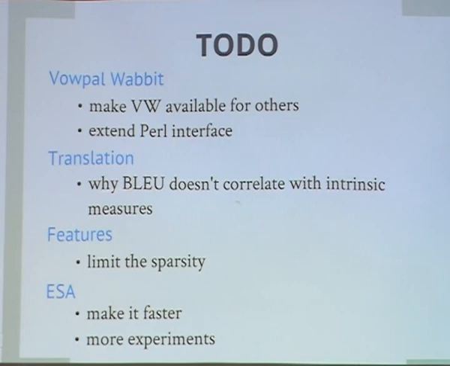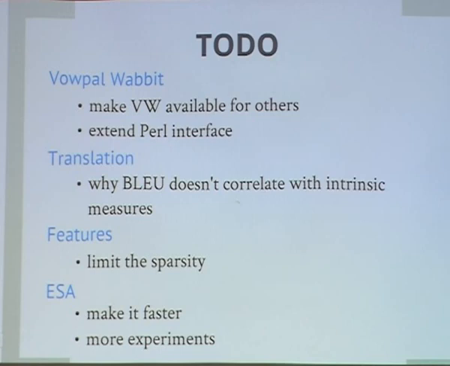Translation, for sure I have to find out why there are those strange BLEU scores. And with features, limit the sparsity, especially with ESA, because the local features are on average 20 features for every instance.